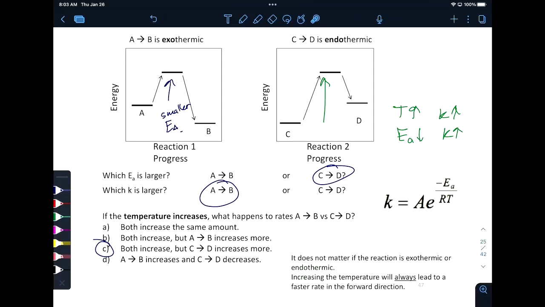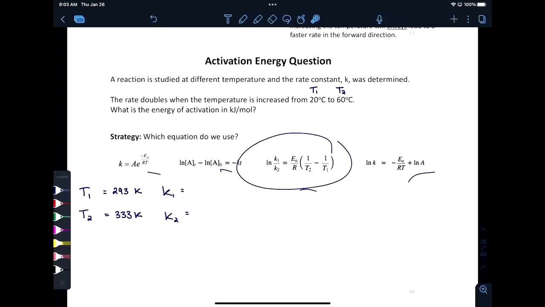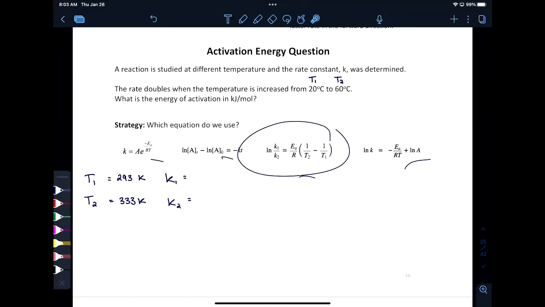But the one with the larger hill will get faster more, that rate constant will change more because its activation energy is larger. And so that's why the answer here is C. Both will increase their overall rates and specifically their rate constants, but this endothermic reaction, C to D, will increase more. This will be an important point when we get to chapter 15. So keep that in your back pocket for chapter 15. How k is related to activation energy and temperature there.